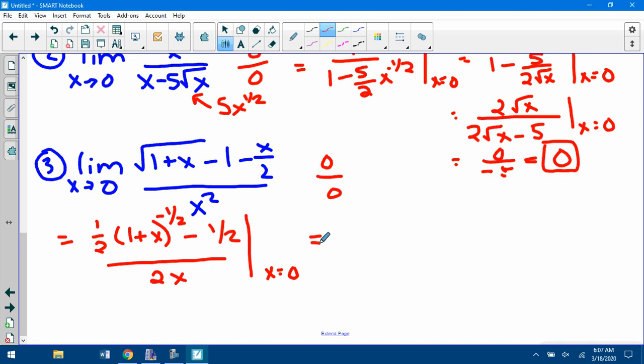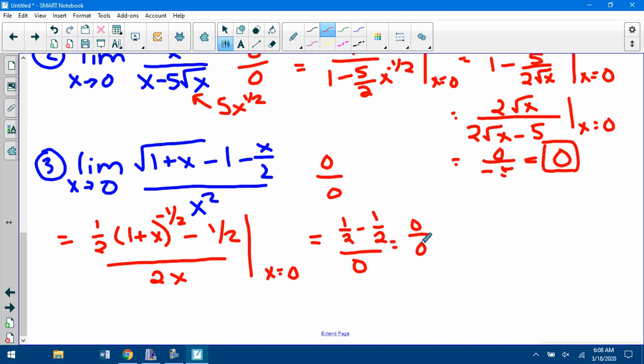So then plug in 0. So it'd be 1/2 times 1 to the negative 1/2. But whenever you have 1 to a power, regardless of whatever crazy power it is, it's going to be 1. So 1/2 times 1 is 1/2 minus 1/2 all over 0.